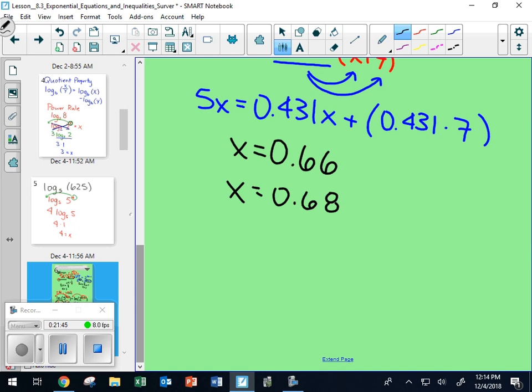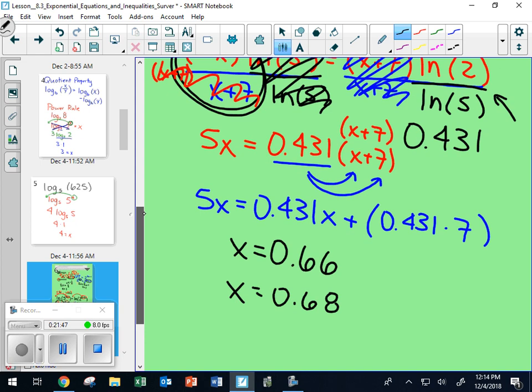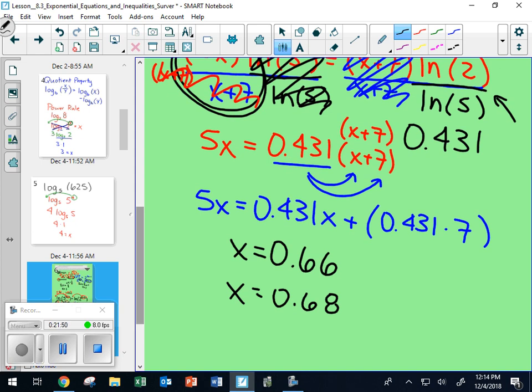When you are using logarithms, the hard part is that we have numbers that aren't nice numbers when we're taking these logarithms. So when you're writing down 0.431, you can write that down as your rounded number, but on your calculator, try not to round. We talked about how you can use that answer button so that you can get previous numbers. So really try and use that so that you aren't rounding on your calculator until the very end.